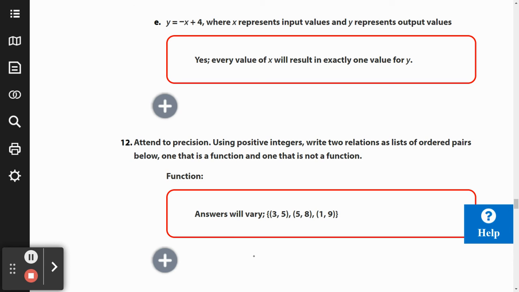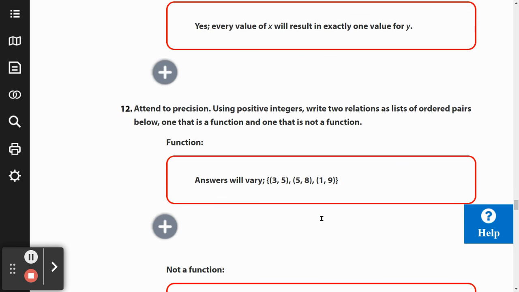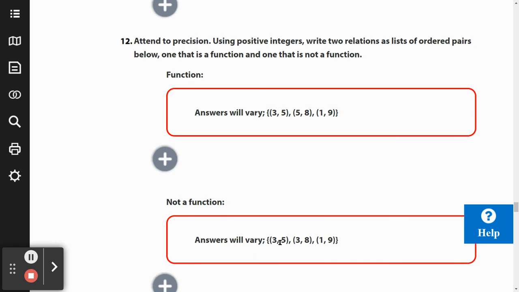So you could have said (1, 2), (2, 3), (3, 4), as long as they are not the same. For not a function, you have to have an x value that repeats.